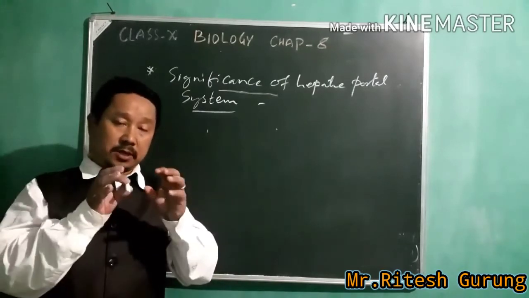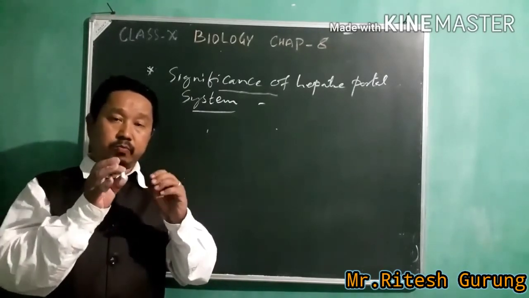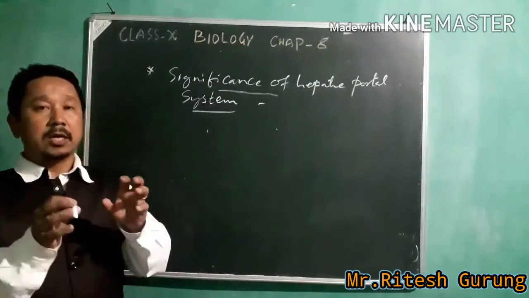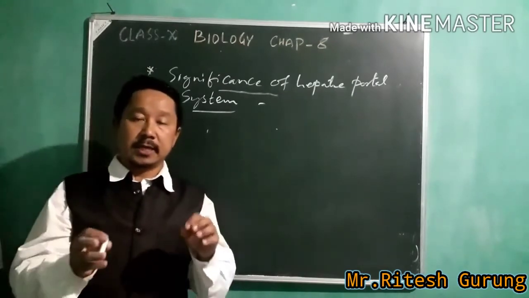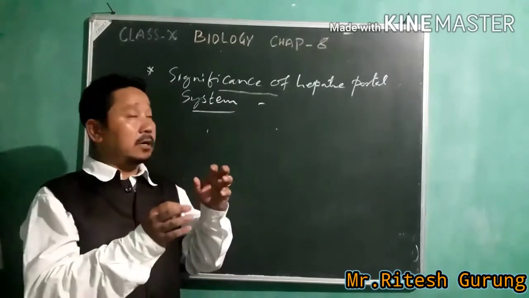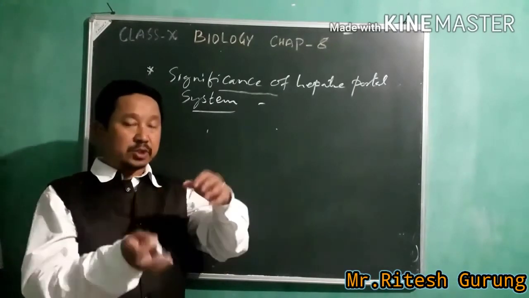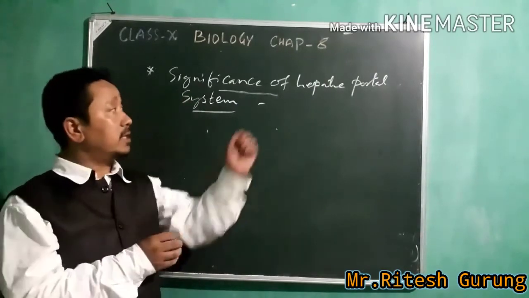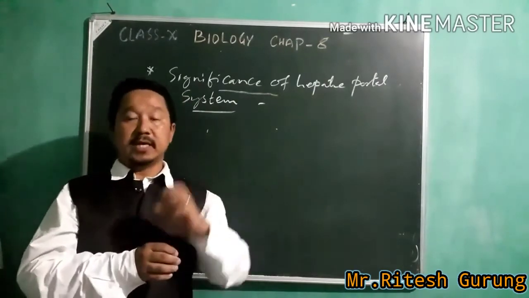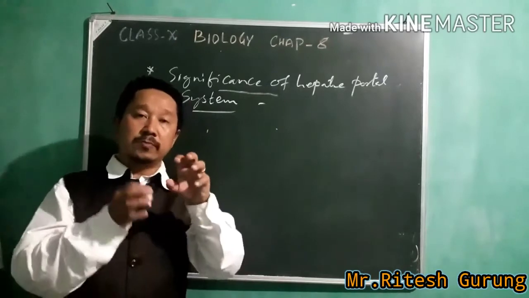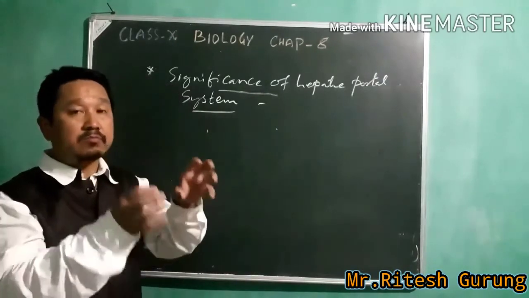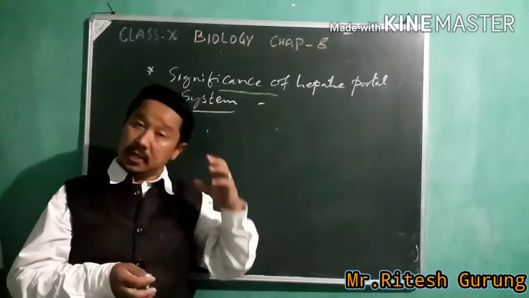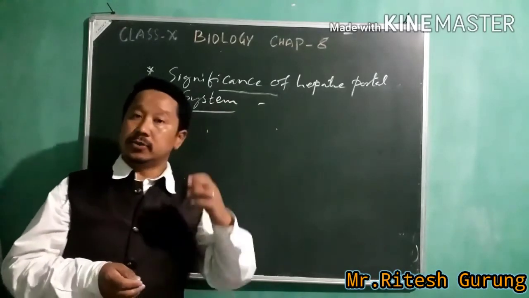That means the food-laden blood from the stomach and intestine comes to the liver by the hepatic portal vein.